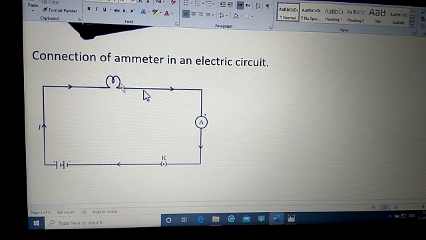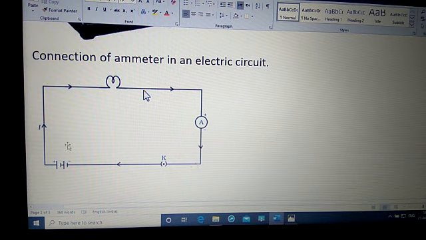Here see, the end of the bulb is connected to one end of the ammeter. The other end of the ammeter is connected to one end of the key. The other end of the key is connected to the negative terminal of the battery. So this is called series combination, connecting the components one after the other, end to end.